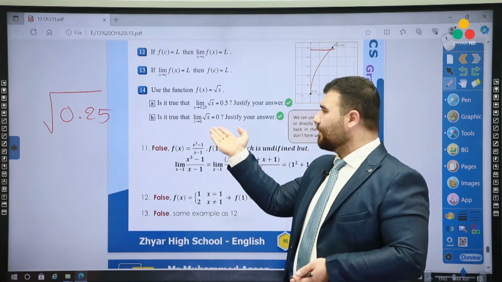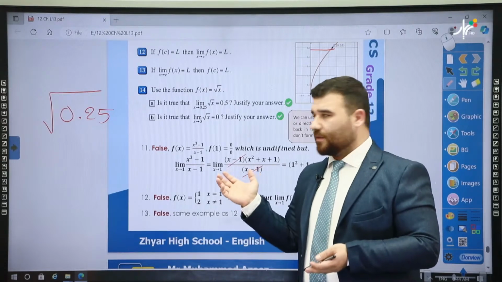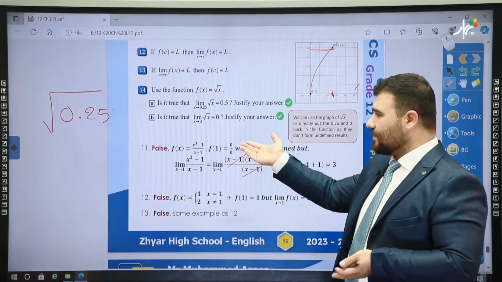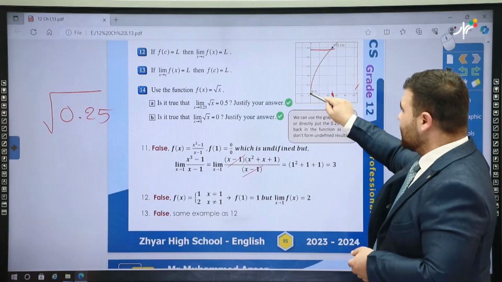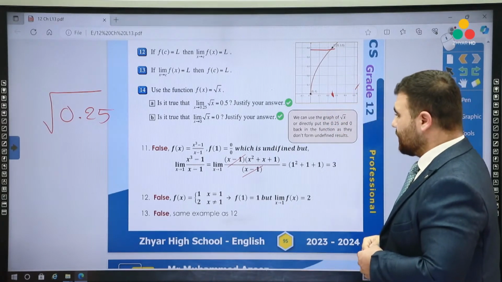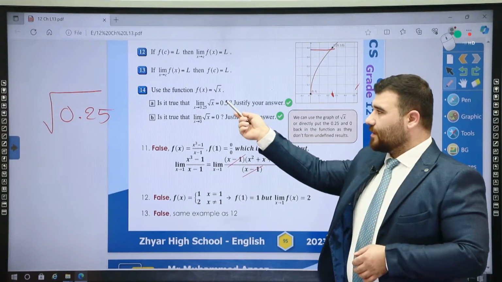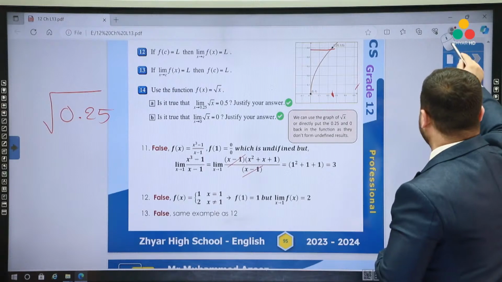Then we don't consider some numbers that are not in the domain for limit. Then this limit at 0 exists and it has no problem. The result is 0. When x is 0, y is 0. When x is 0.25, y is 0.5. Then this makes question 14, A and B both correct, true.